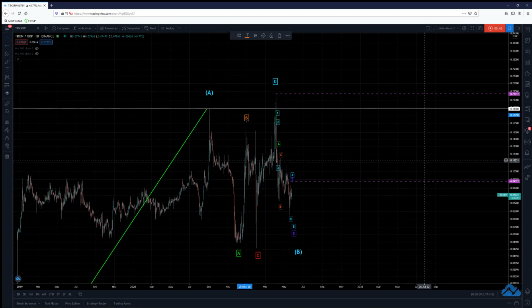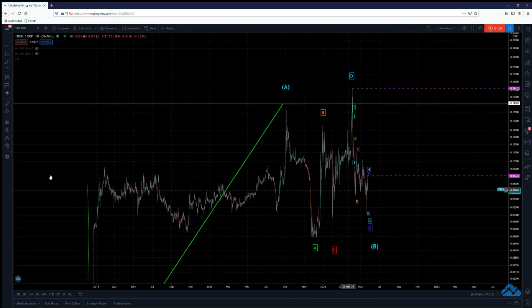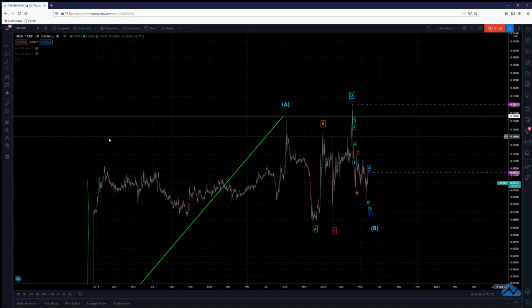In the C wave, you can see that the move starts off slowly, gets really sharp, bounces in D, but with wave E, it starts off sharp and then gets choppier as we head towards that bottom, just to make it that little bit harder for everybody to understand what's going on.